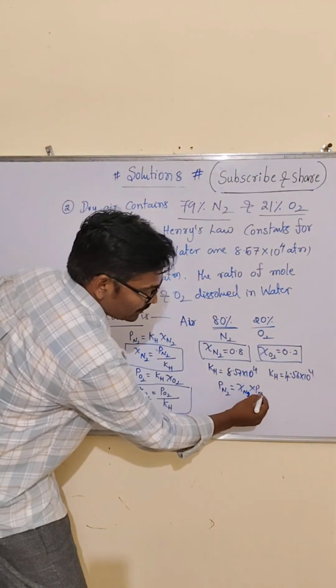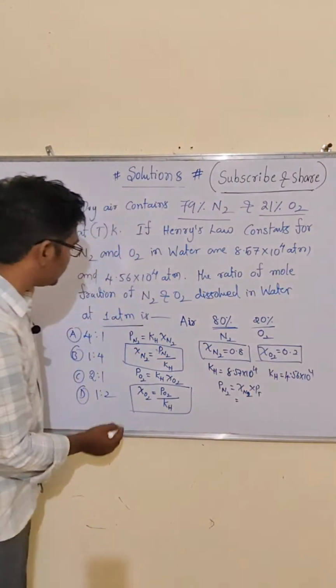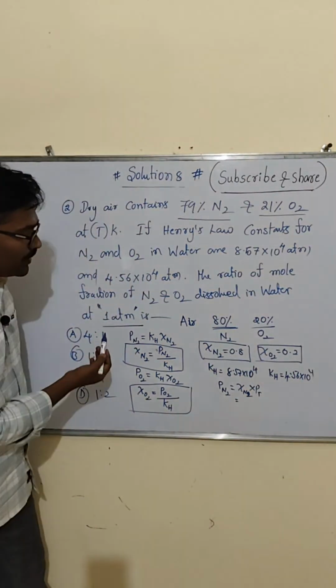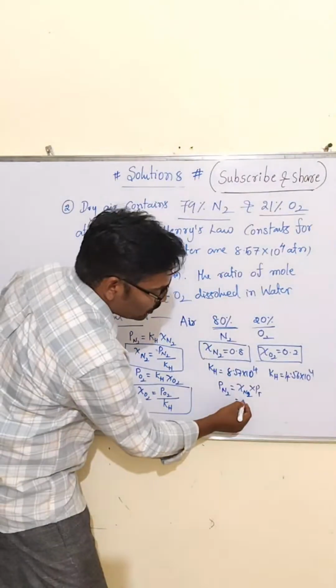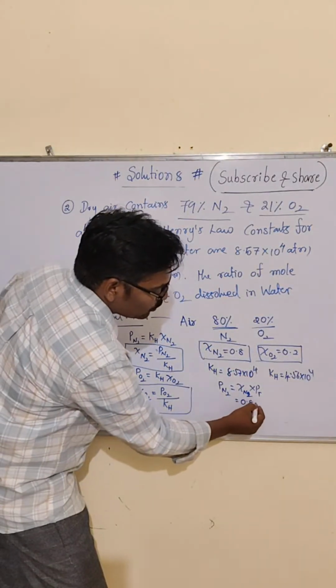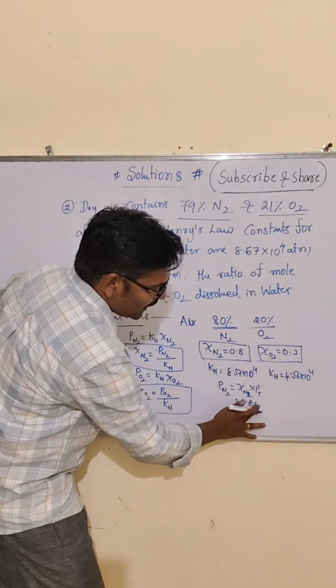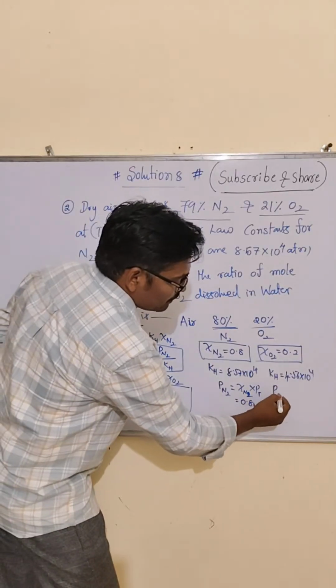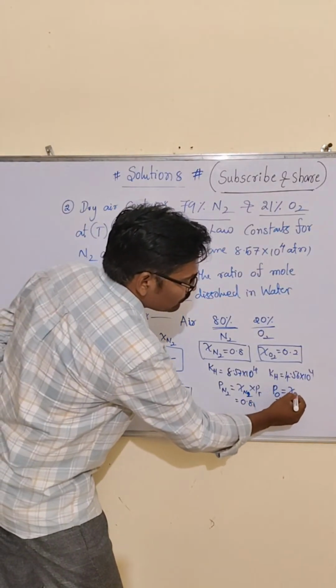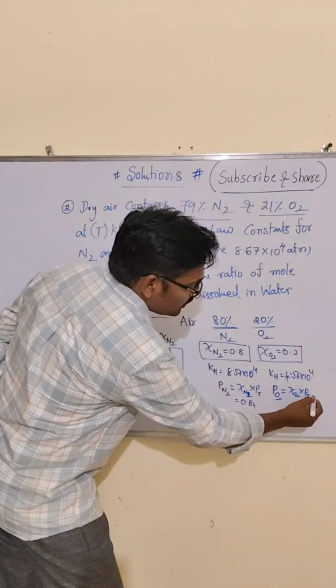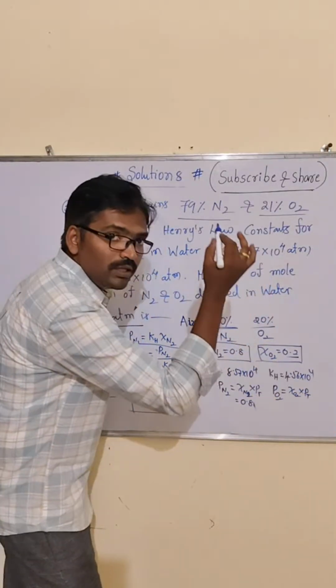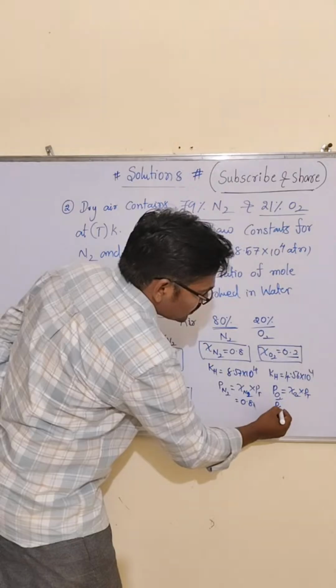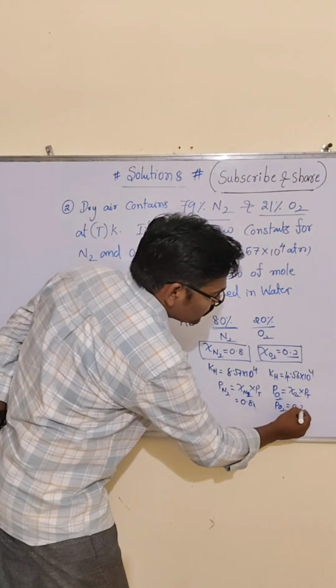P total is 1 atmosphere. So the partial pressure of N2 is 0.8 into 1, which is 0.8. Similarly, the partial pressure of O2 equals the mole fraction of O2 into P total, and the mole fraction of O2 is 0.2. So the partial pressure of O2 equals 0.2.